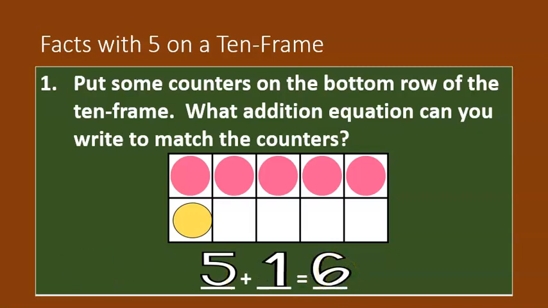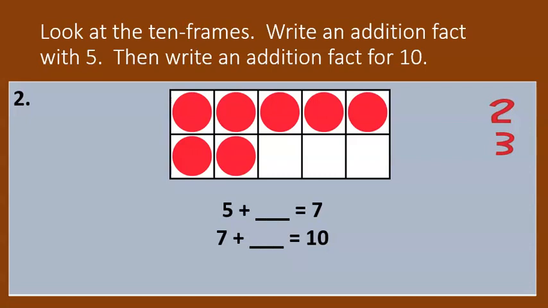Now, let's come here to this next example, which is going to look a little different. Now it says up here, look at the 10 frames. Write an addition fact with 5, then write an addition fact for 10.